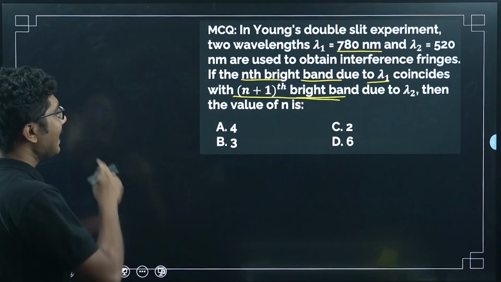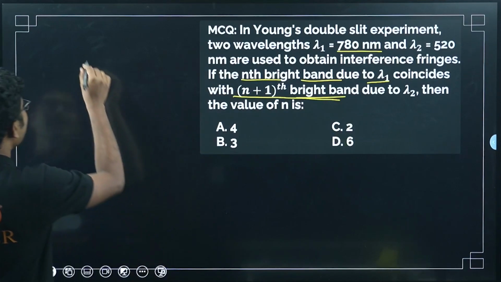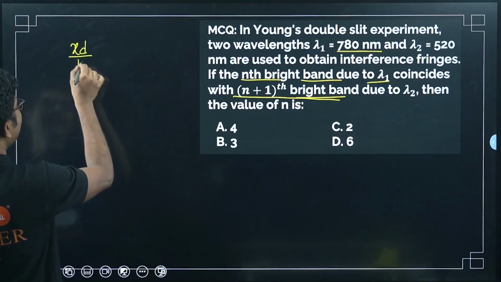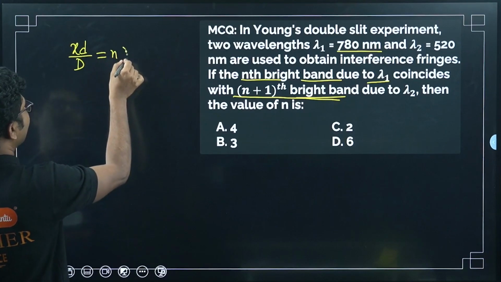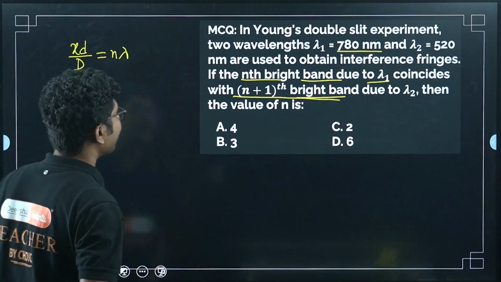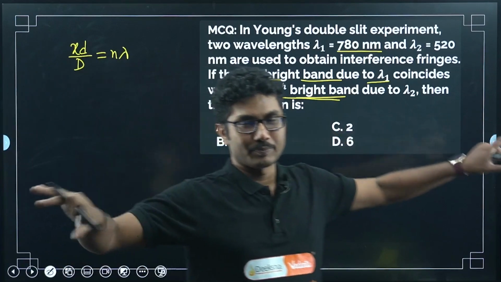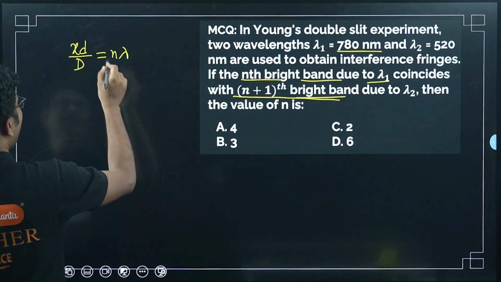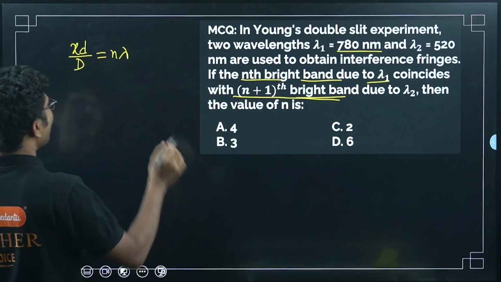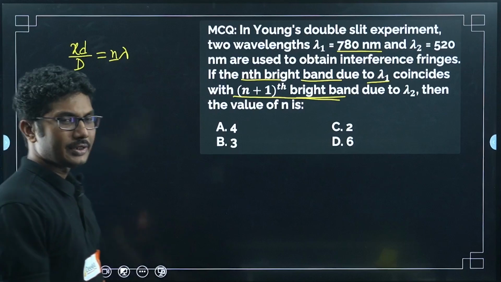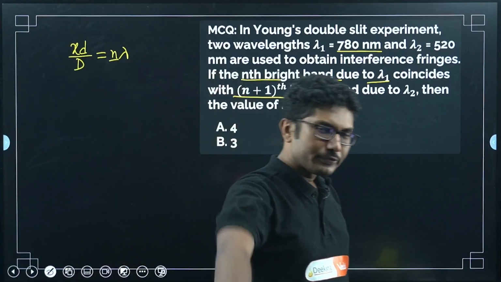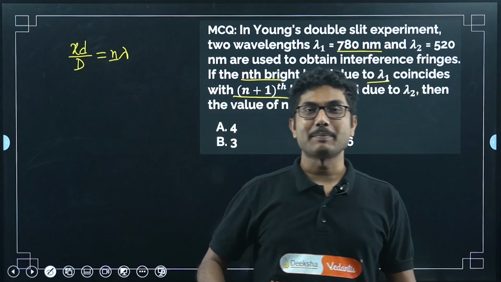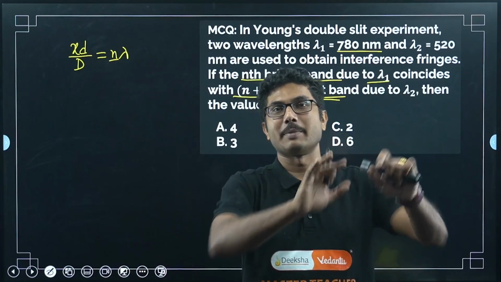So what have they said? We know the formula: xd by D equals n lambda, right? Now they have said everything is the same, except that for one wavelength we are getting the nth bright fringe, suppose the fifth bright fringe, and for the second wavelength we are getting the (n plus 1)th bright fringe, that is the 6th bright fringe.